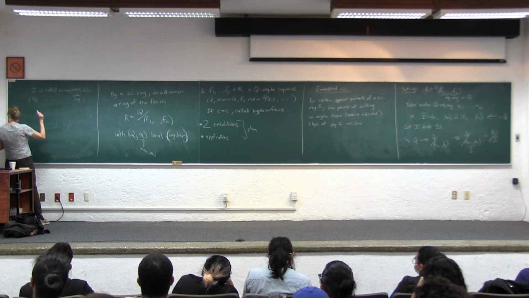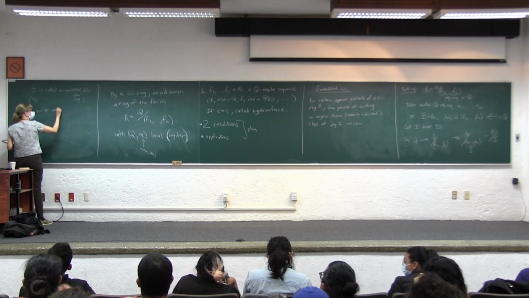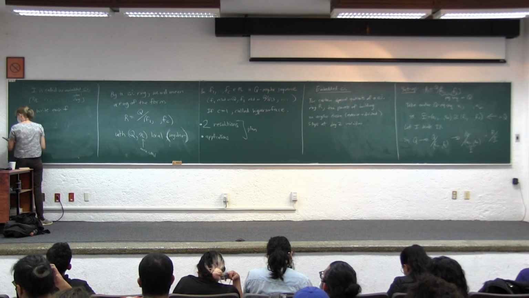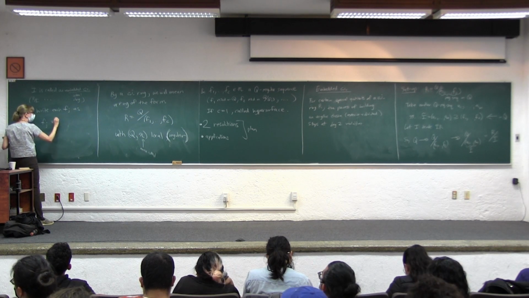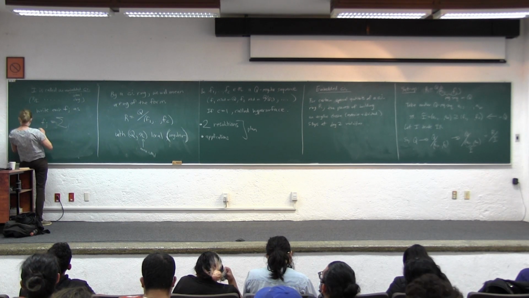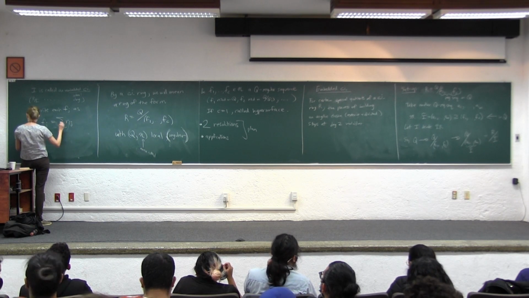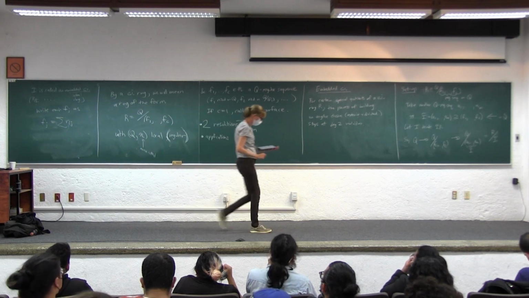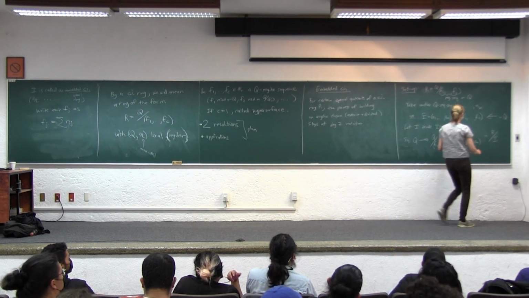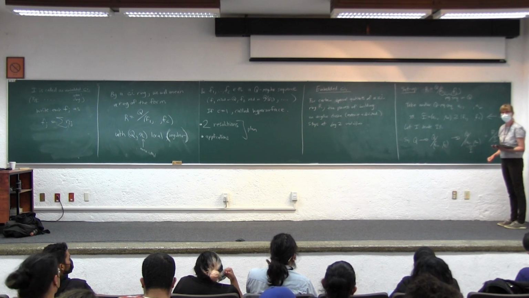So more setup is, let's write each Fj as some combination of the A's. So I decided to call them Rij. Okay. So, can we make the A's G's? Or I'm going to have to change everything.